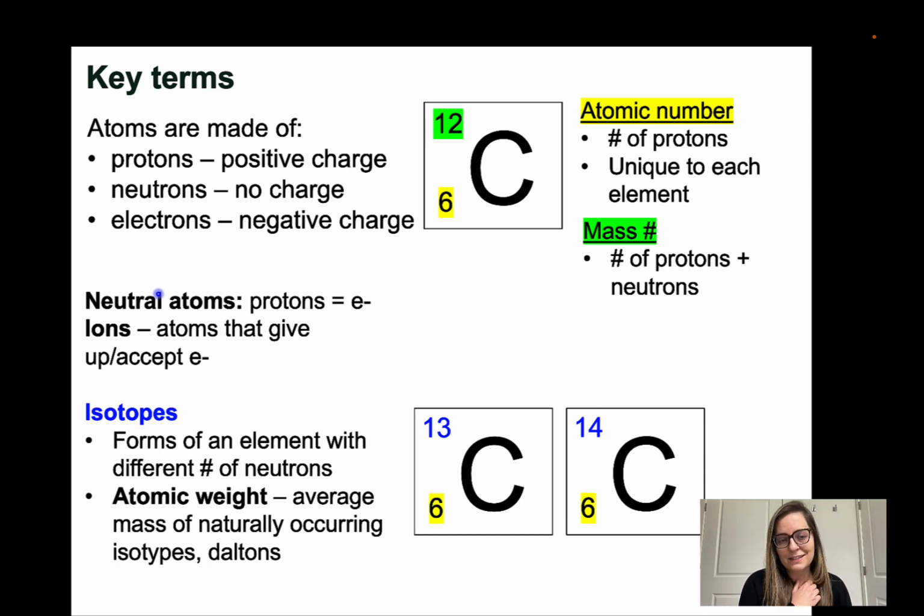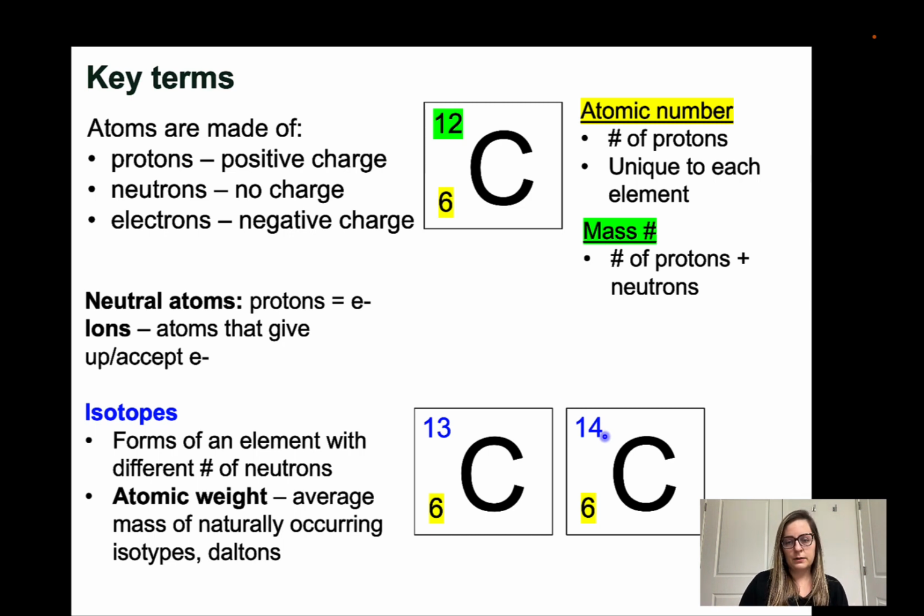Elements can also exist as isotopes. This is an element with a different number of neutrons. So here's carbon, right? It has a fixed number of protons, but this mass number has changed to 13. So in this isotope of carbon, instead of having 6 neutrons, we have 7. And in this isotope, carbon-14, we have 8 instead of 6.